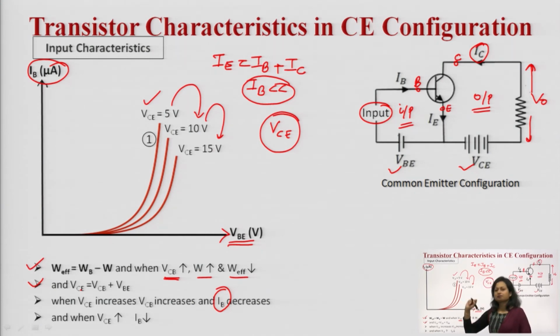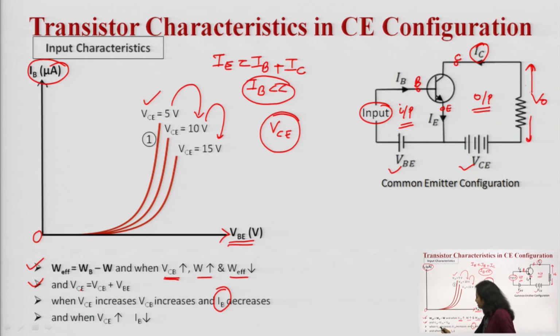And for the characteristic curve, because this base emitter junction is forward biased, the input characteristic curve will be the same as the characteristic curve of a PN junction in forward bias condition, right? Initially a very small amount of current flows, then after a certain voltage there is a sharp increase. But how to plot the curve for different values of VCE, you can understand in this manner.